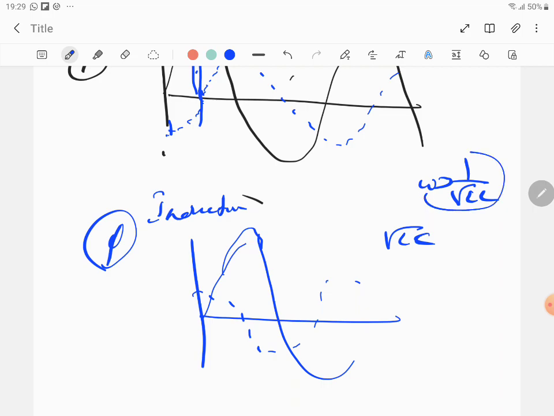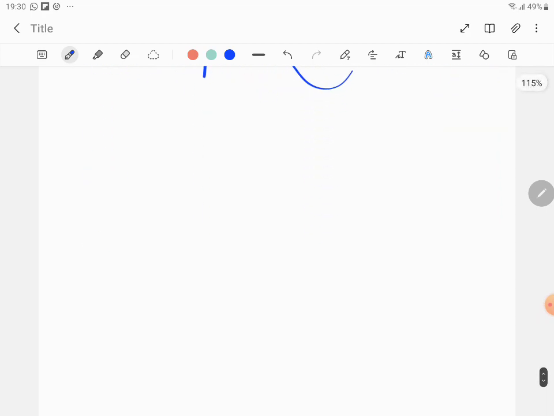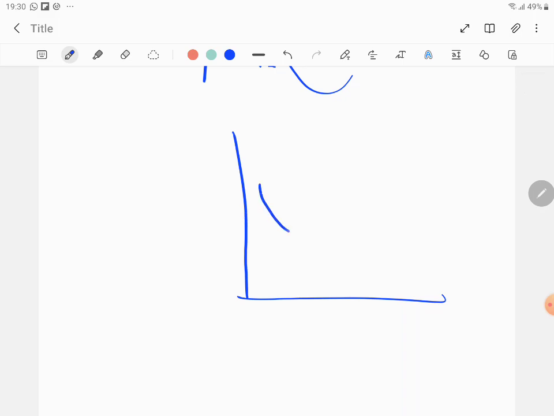Which one has omega greater than 1 by root of LC is the question. They've given two graphs, first graph and second graph. We have to identify in which of the graphs omega will be greater than 1 by root of LC. I just taught you a graph in an LCR circuit, with the minimum at the resonance frequency, remember? In this, XC was dominant, in this XL was dominant.